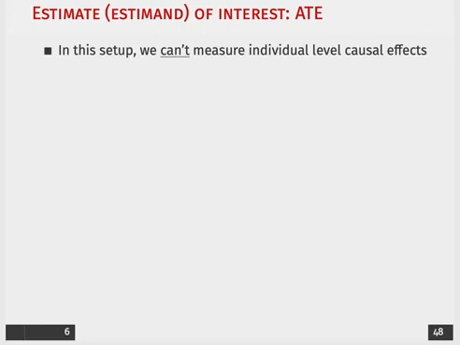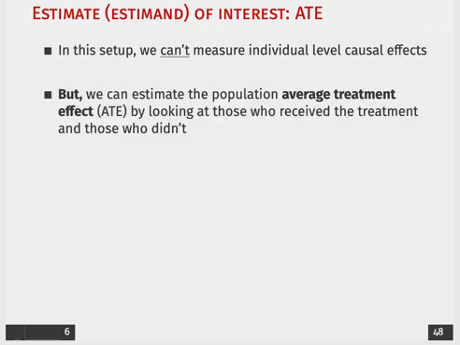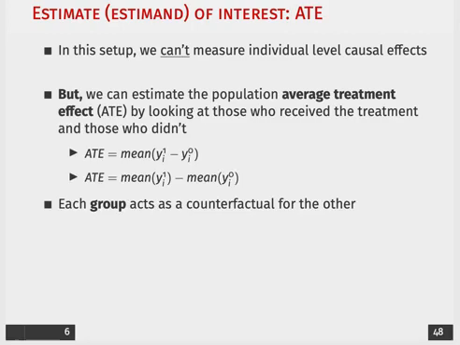So we're going to have to adjust the way that we think about this, right? We're going to have to think about what's the average treatment effect of the treatment among those individuals who took the treatment versus those who didn't. So in reality, what we're doing is we're looking at the difference in means between the two groups as our estimate of the average treatment effect.